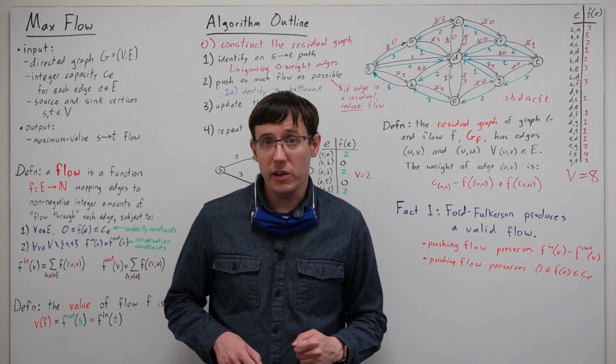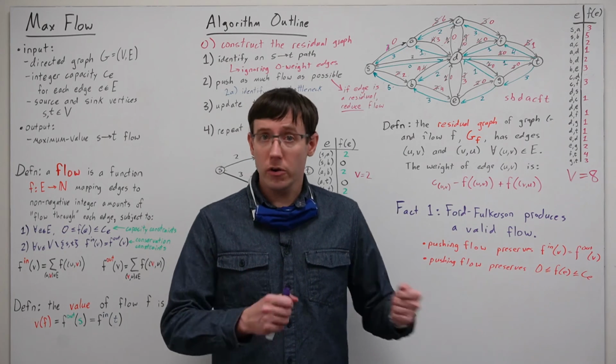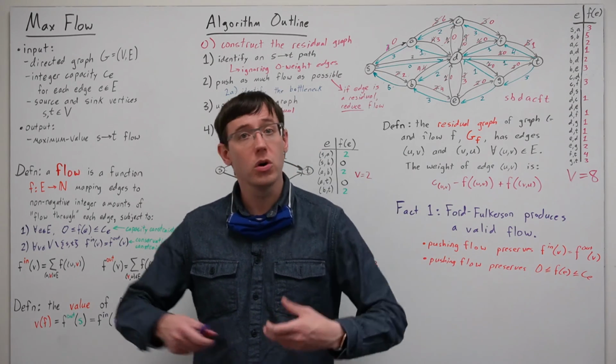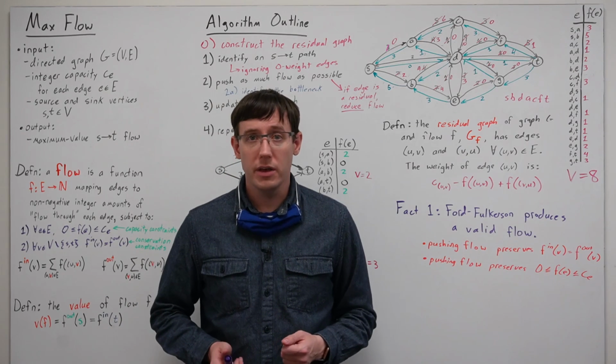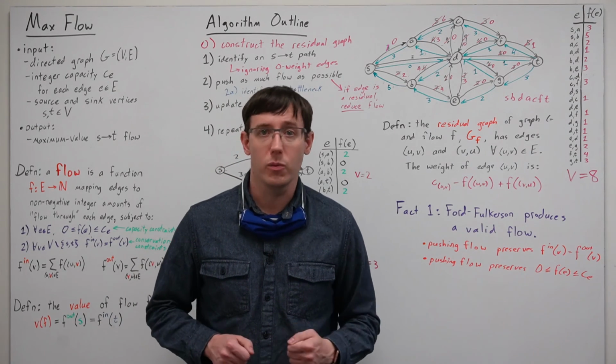So if those constraints were true of the starting graph, and each push operation preserves them, then we will have a valid flow when we're done.